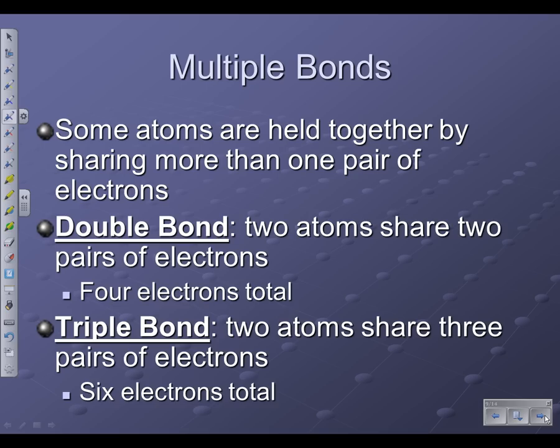So, just to review, covalent bonding, the end result, the end goal is exactly the same as ionic bonding. 8 valence electrons for all the atoms involved, lower energy. It's just a matter of the way we go about it.